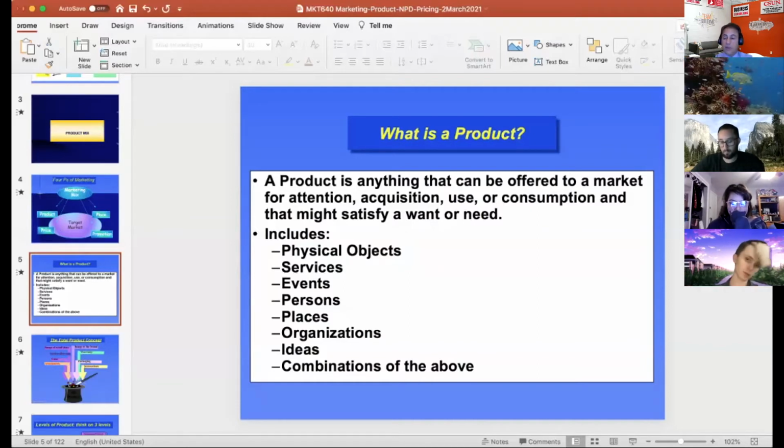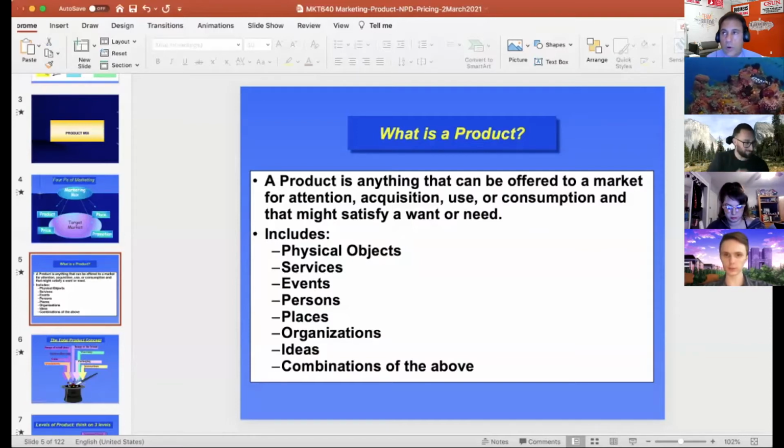There may be something that has some services and some goods. When you market a person, like a politician, that is a person; a destination for vacation is a place; an organization would be CSUN; an idea would be saving the environment.